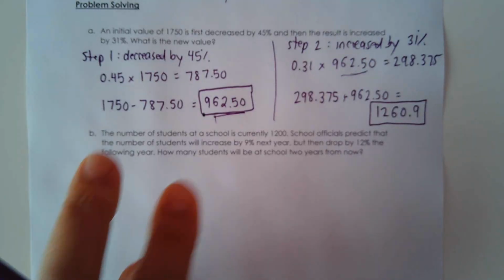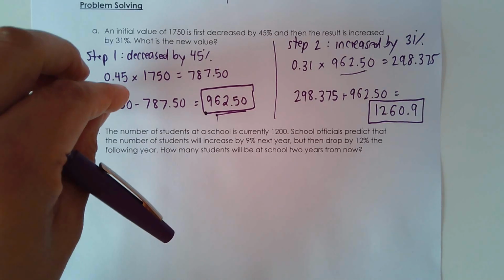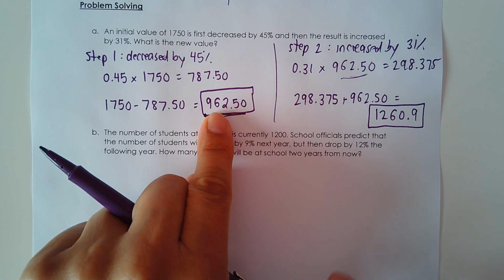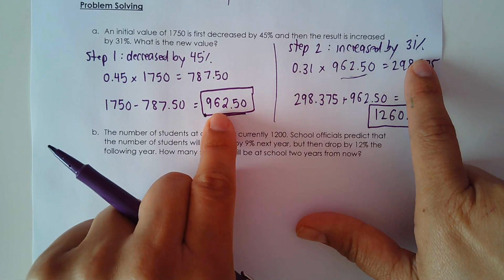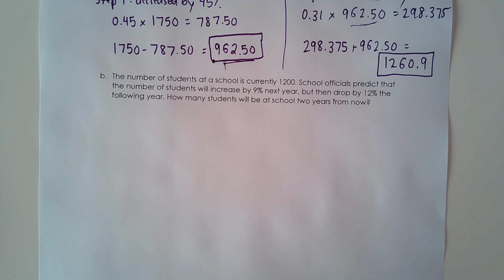So this is a two-step question here, right? You have to first decrease the value by 45%, find your answer, and then increase that answer by 31%. So you can try B on your own and just then double check your answer with me.